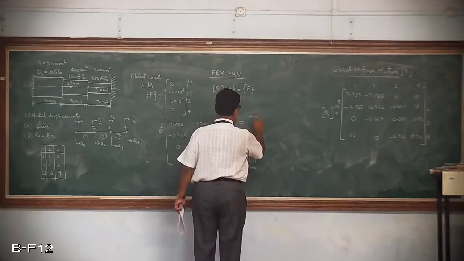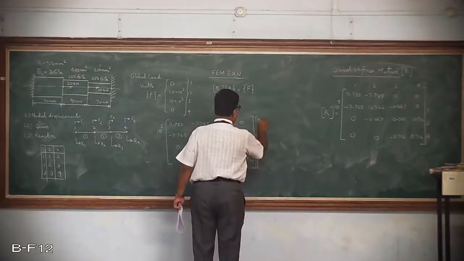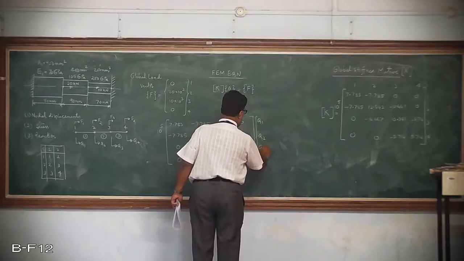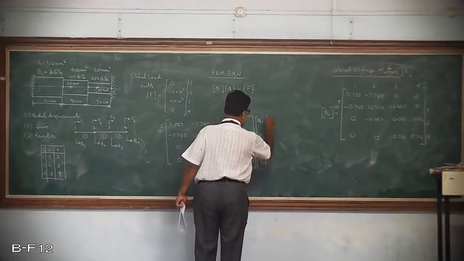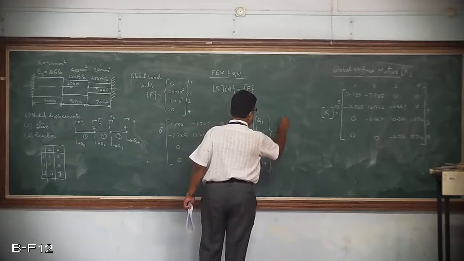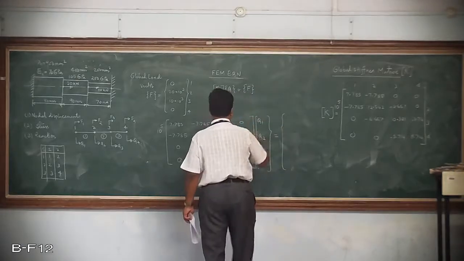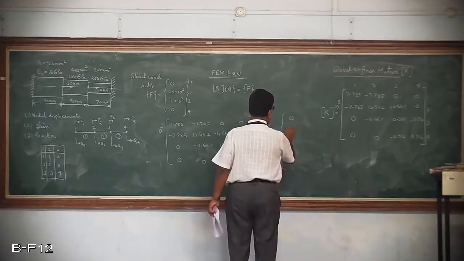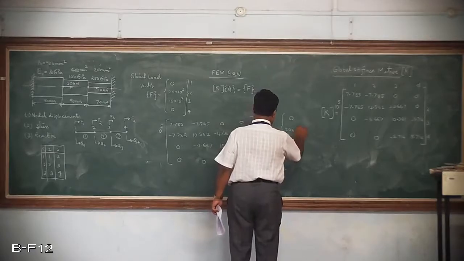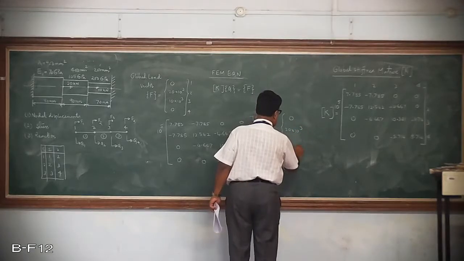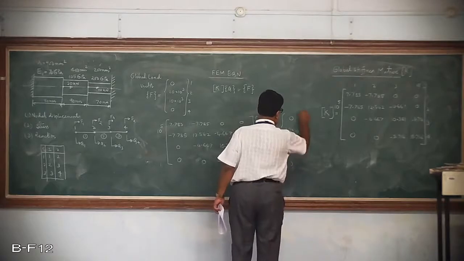Then again I will add the 4 degrees of freedom, Q1, Q2, Q3 and Q4. If you look at this, then this is equated to the global load vector, what you have written, that is 0, 20 into 10 raised to 3, 10 into 10 raised to 3, and finally 0.